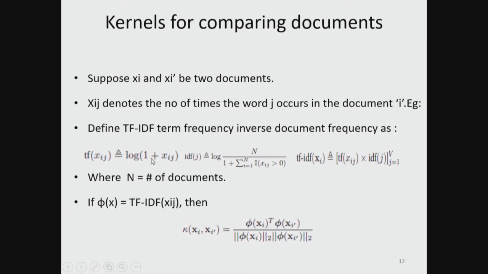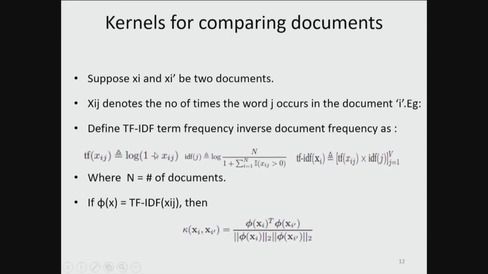Take that plus 1, take the logarithm of that, and that will be denoted by term frequency, TF. Term frequency of xij is nothing but logarithm of 1 plus that count. Remember, by taking the logarithm, the bigger values can be shortened without losing the corresponding value.